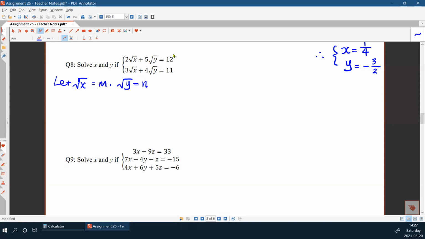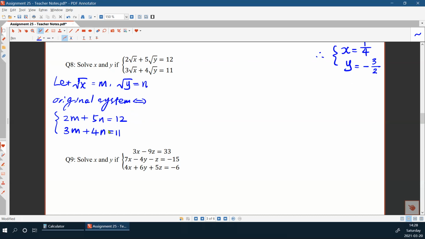And the original system is equivalent to 2m plus 4n equals 12. And 3m plus 4n equals 11, right? And this is a linear system of equations. So that means we can use similar method as we discussed above to solve it, right?